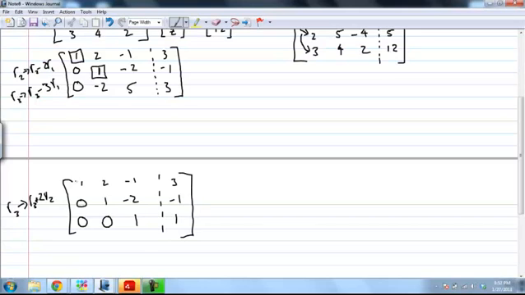Okay, at this point, note that we have 3 pivots. Also, everything to the left of the dotted line is a matrix where everything below the main diagonal is 0. Now I can write my system again.